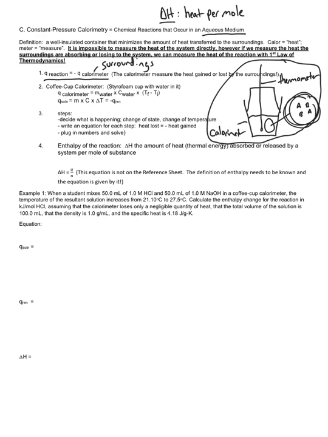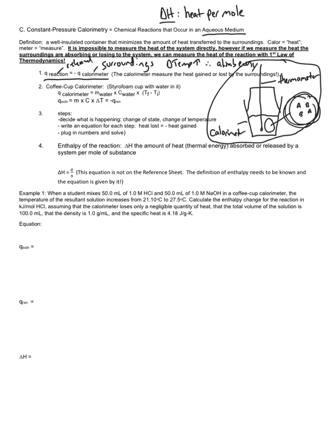So what your thermometer is measuring is typically the water. And if the change in temperature of the water is going up, that tells me that the water, the surroundings, is absorbing energy. And it's absorbing energy because the chemical reaction has released it.